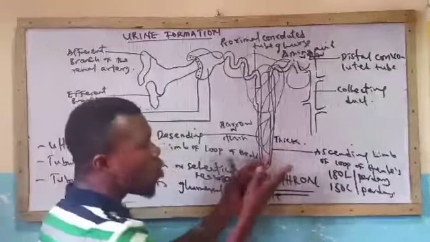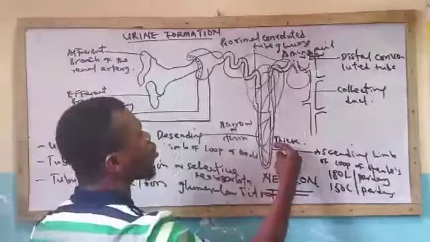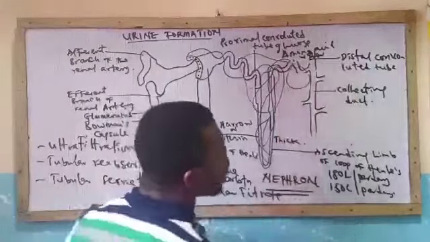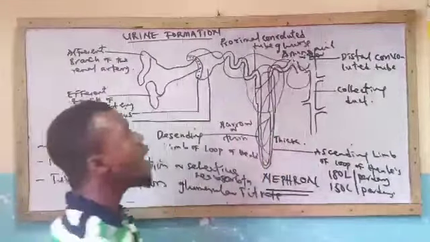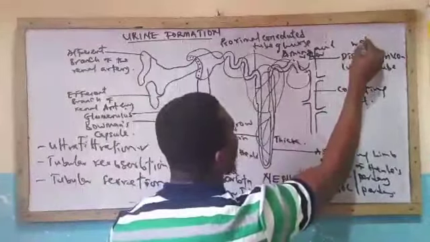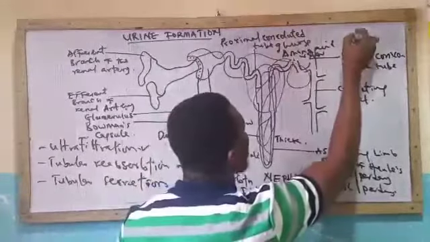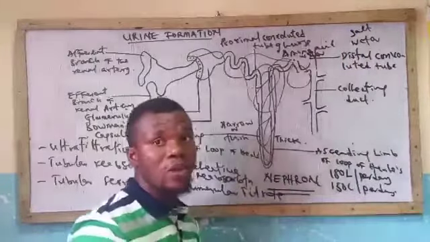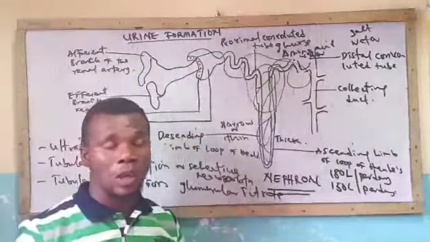That tends to make the wall of this limb thicker. Now, as the content flows down to the distal convoluted tubule, excess water is reabsorbed, and part of the salt, not all of it, is reabsorbed back to the circulatory system.